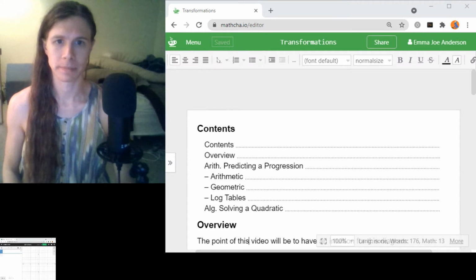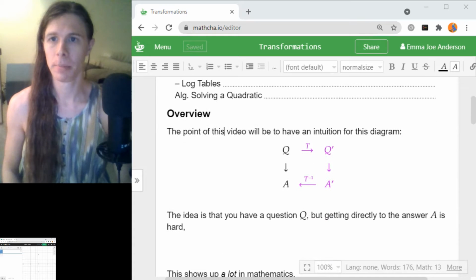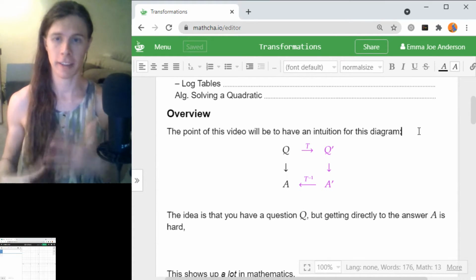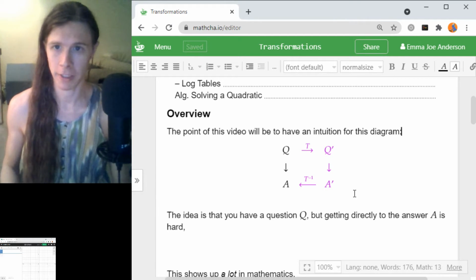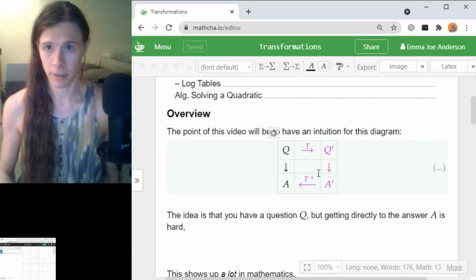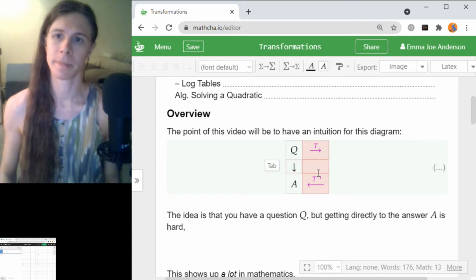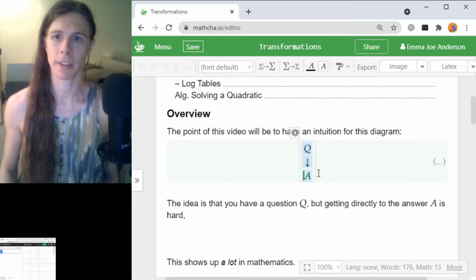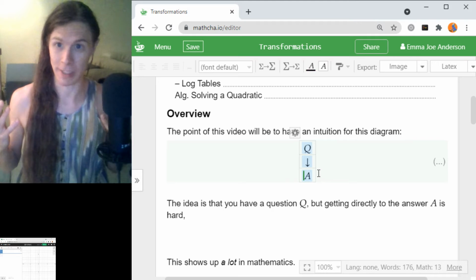Okay. So, the point of this video is to have and develop an intuition for this diagram here, which the sort of way of thinking of this is: initially you solve a question by coming up with the answer.